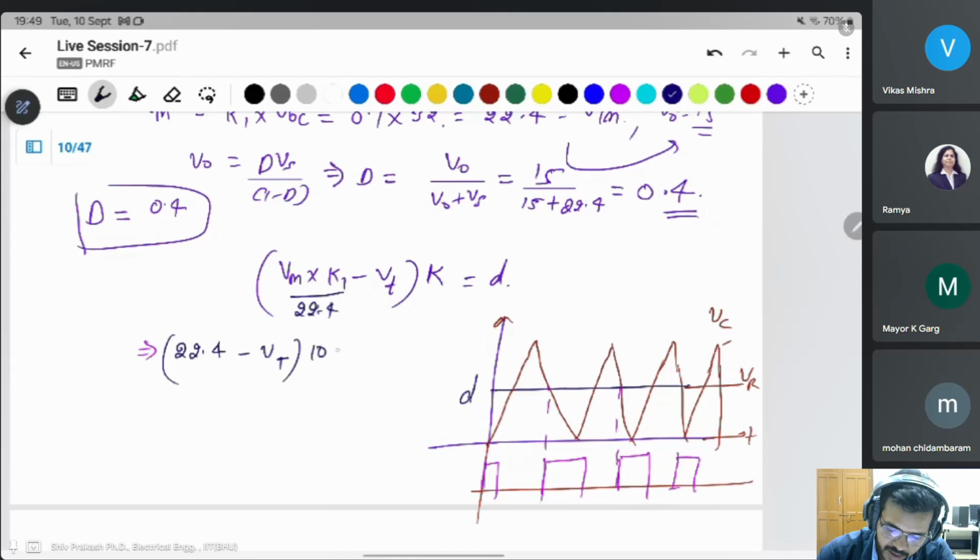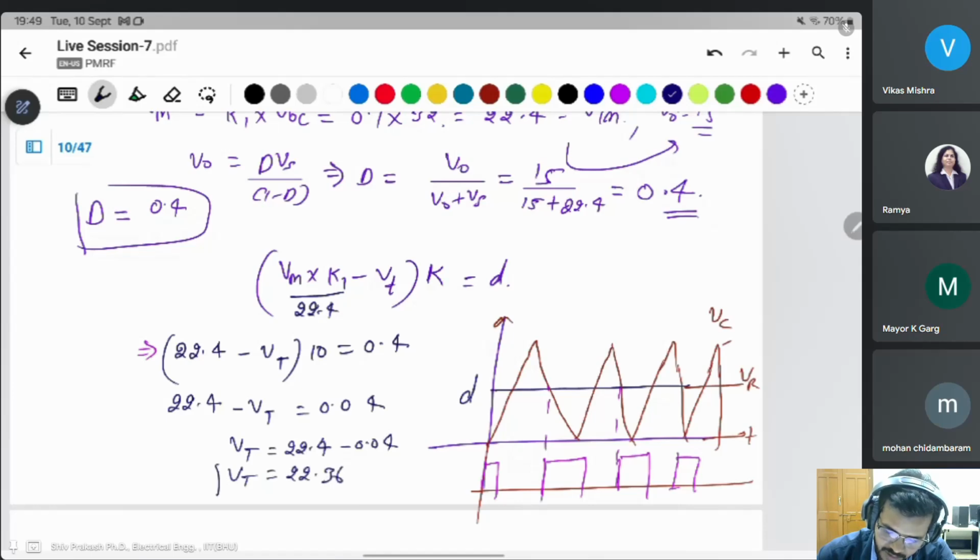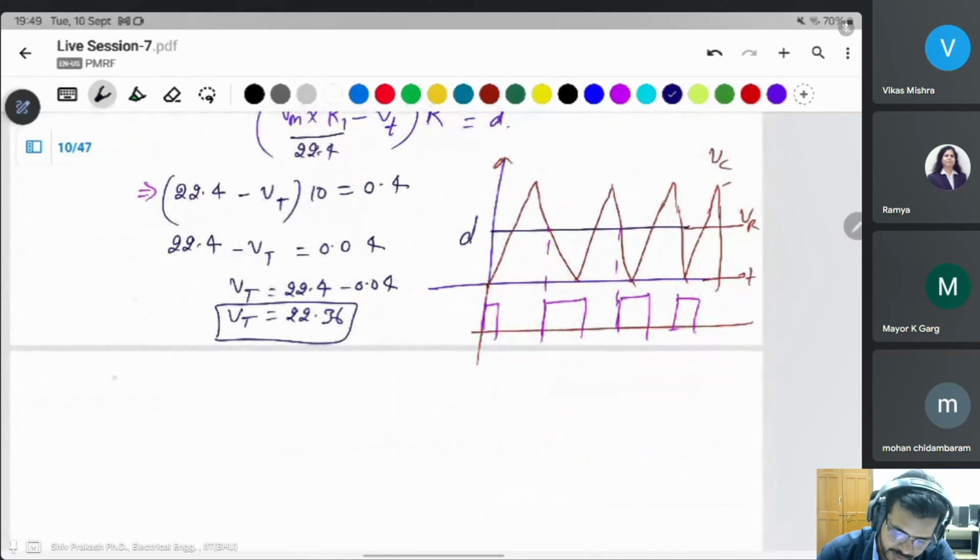K is given as 10, duty cycle 0.4. So 22.4 minus Vt is equal to 0.04. Now what is the Vt? Vt is 22.4 minus 0.04, it will be 22.36. If you multiply Vt by 100, it will be 2236 volt.